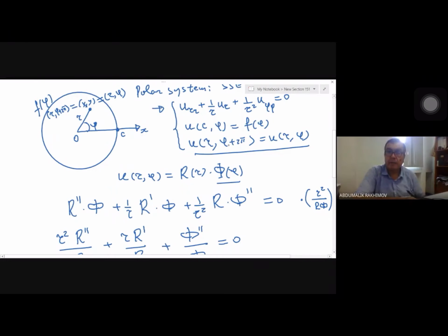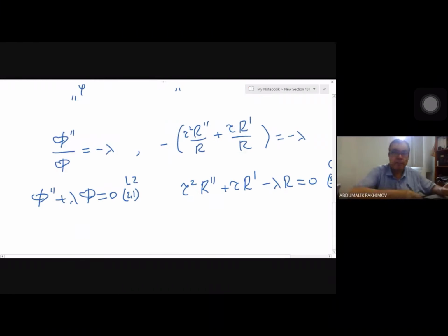So phi of theta plus 2 pi must be equal to phi of theta, because u is periodic. Now I can bring this condition here: phi plus 2 pi equals phi. So what will be the solution of this Sturm-Liouville problem?